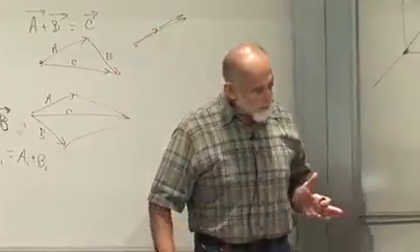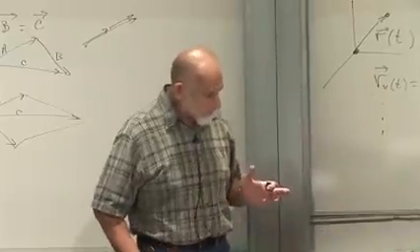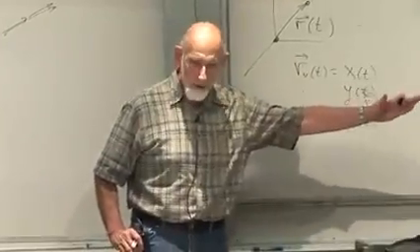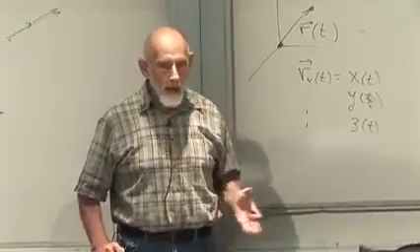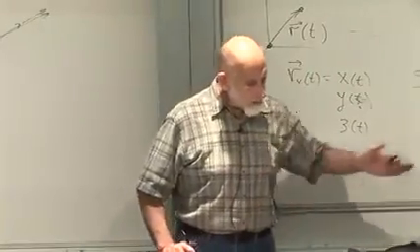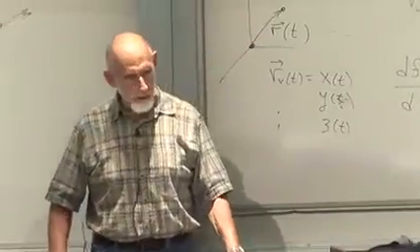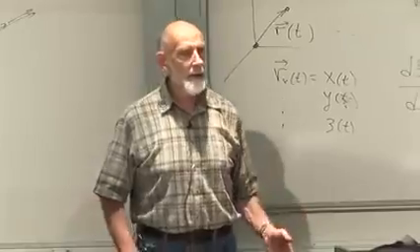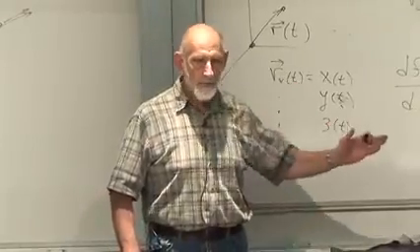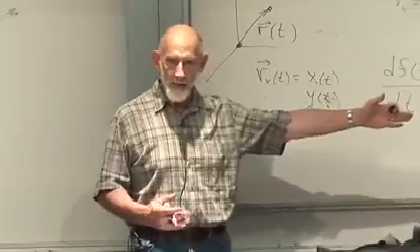If an object is moving slowly along the plus x-axis and then it speeds up, you would say the x component of acceleration is positive. If it's moving fast and it slows down, we would ordinarily call that deceleration, but mathematically it's negative acceleration, which means that the x component of the acceleration is negative.